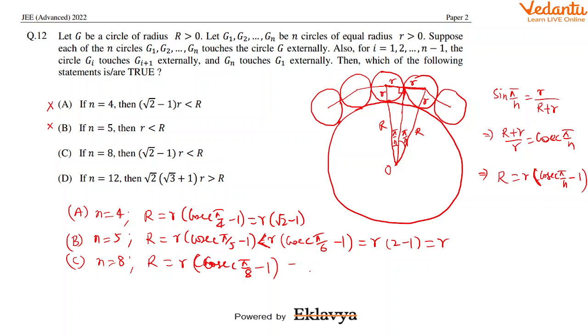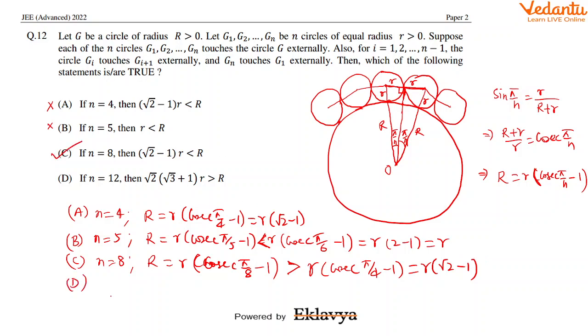If we replace the angle 22.5 by 45, this will be lower because cosec is decreasing; at lower angle the value would be higher. Small r times cosec pi by 4 minus 1 is small r times root 2 minus 1. So capital R here in this case is more than small r times root 2 minus 1, and that is given in the option. Option C is correct.